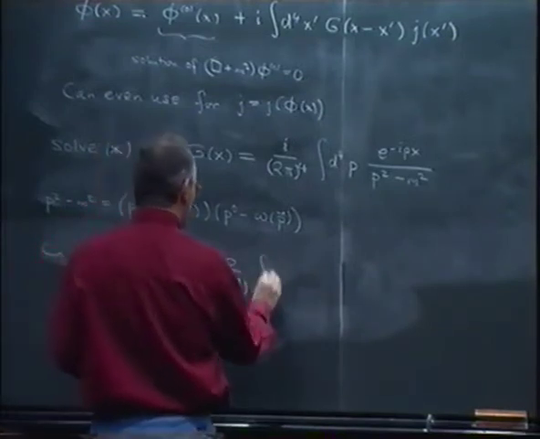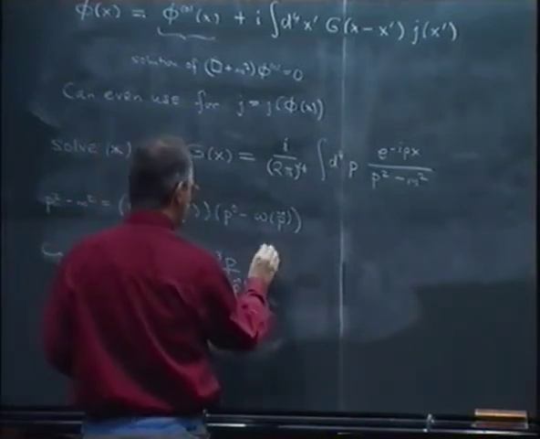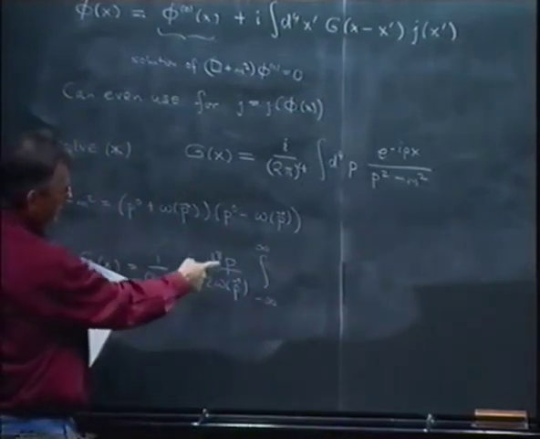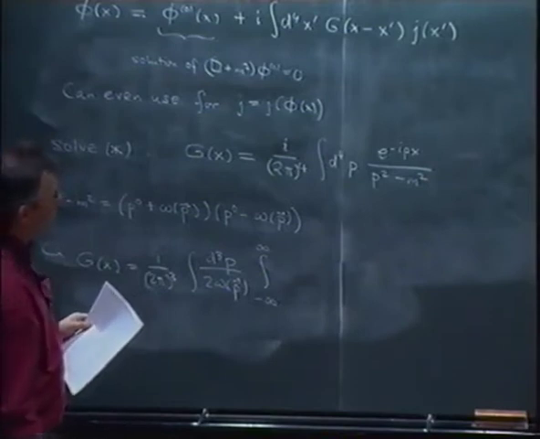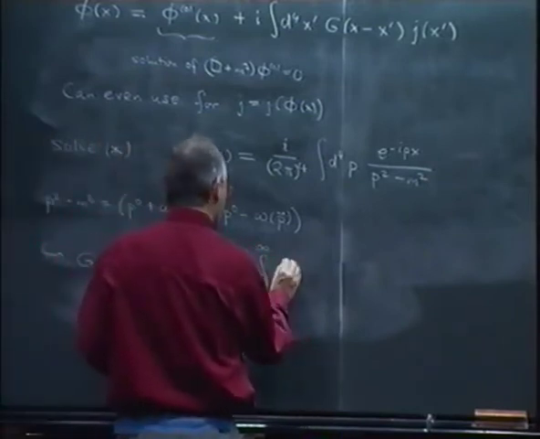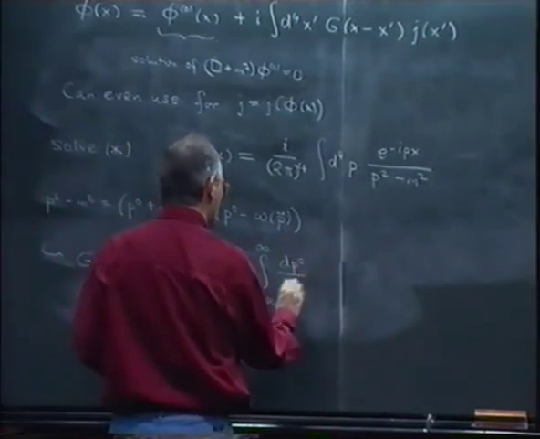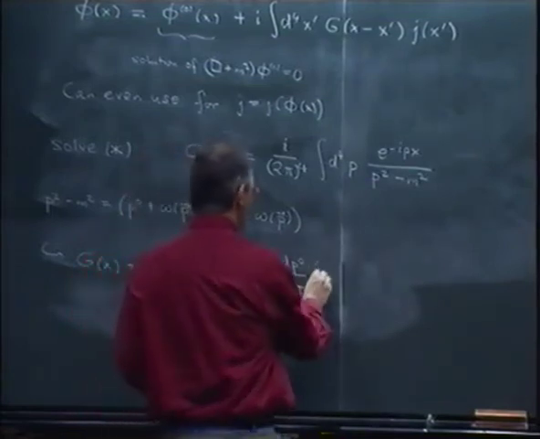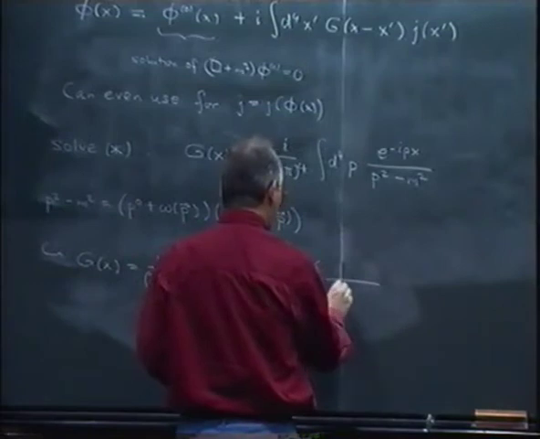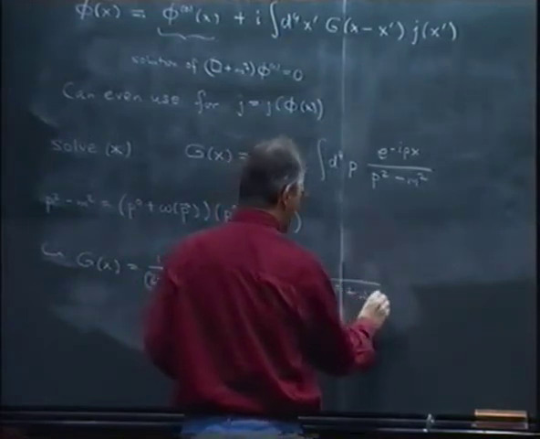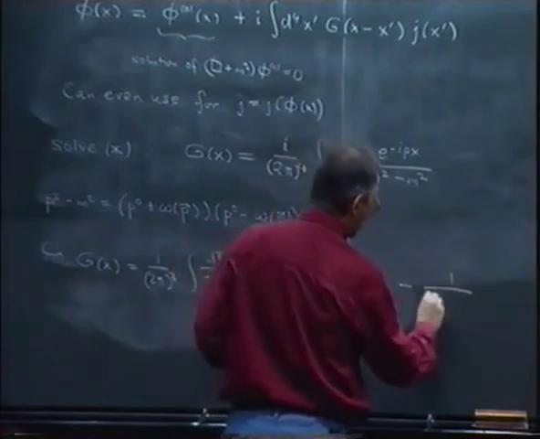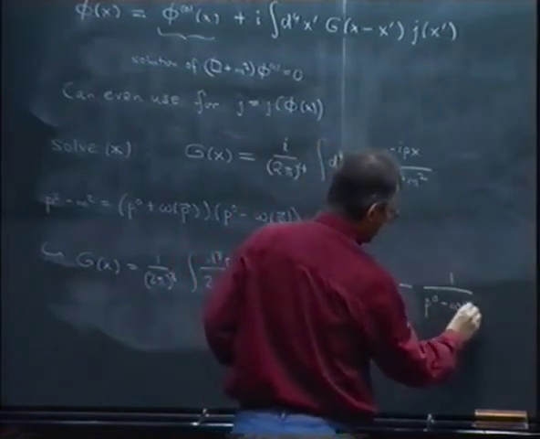So all I've done now is split the integral into an integral over the time, the zero component, and the spatial components of the momentum. So dp0 over 2 pi, and then this is equal to 1 over (p0 plus omega of p) times 1 over (p0 minus omega of p).